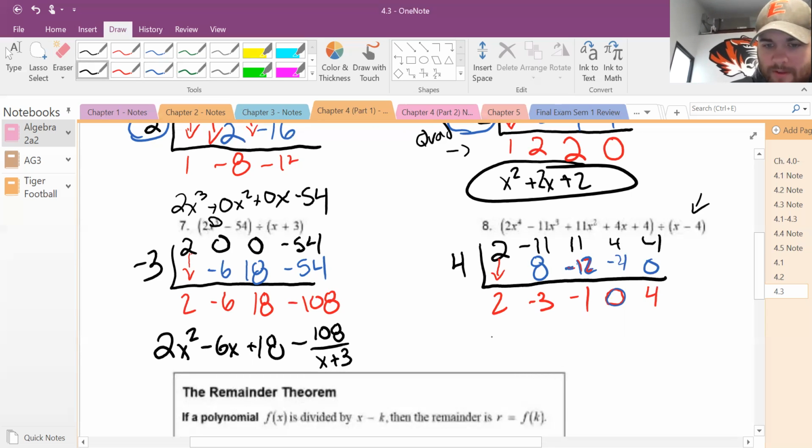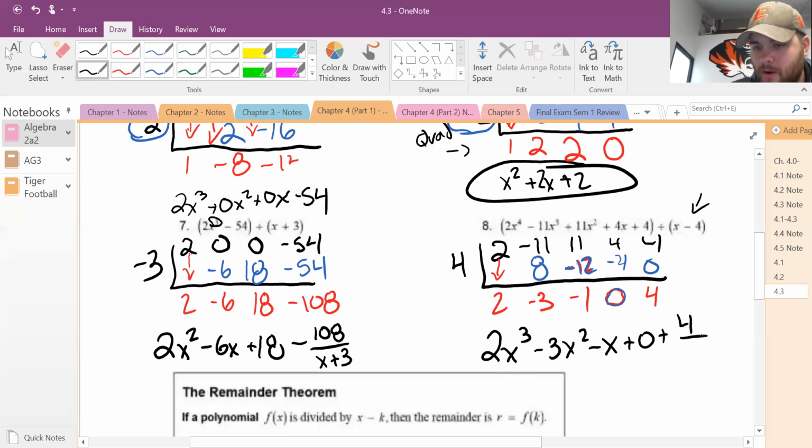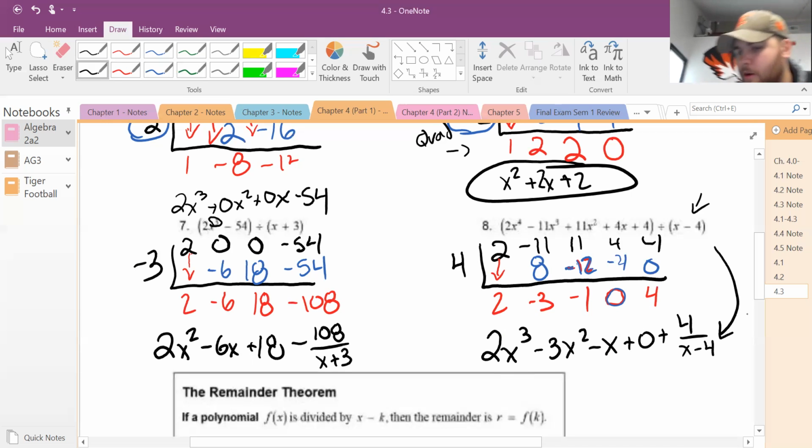So we have 2x cubed, right, minus 3x squared minus x. Do I have a constant? I don't, right, because it's 0. All right, let's just write plus 0 so you guys don't get confused. And then we have the remainder plus 4 over x minus 4, our binomial.